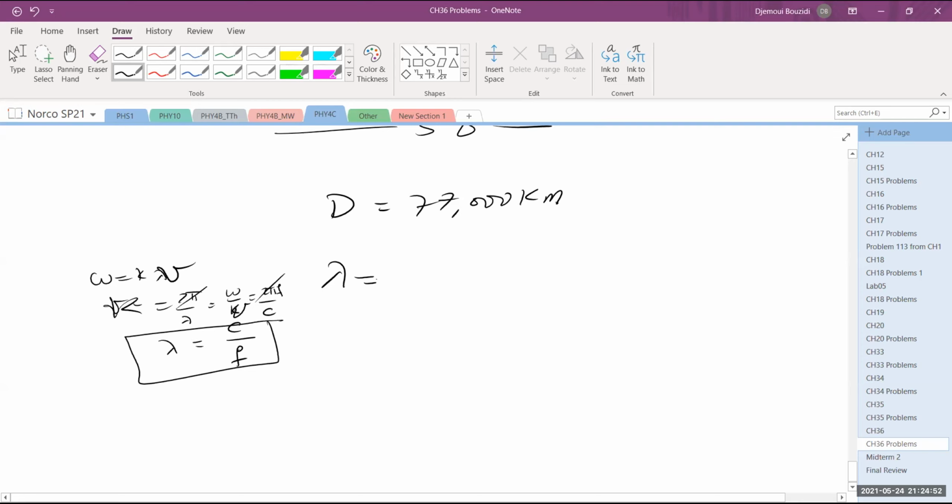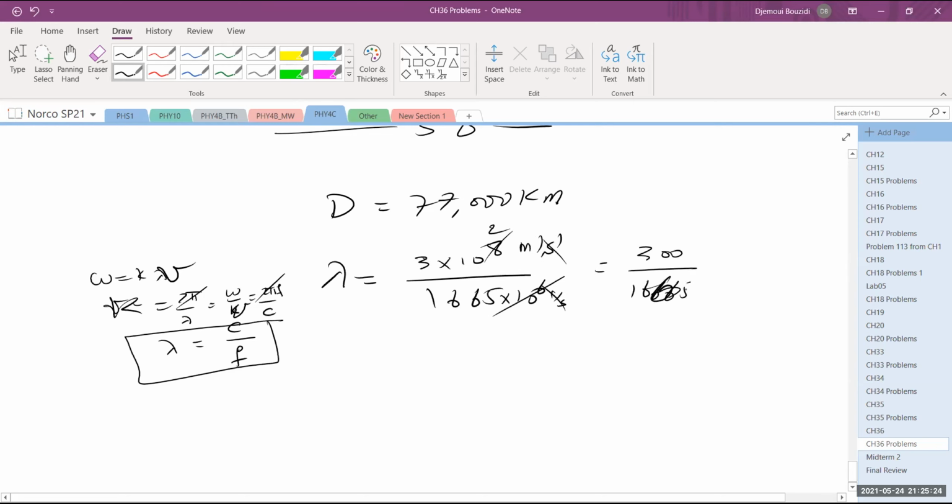Because they gave us the frequency, which is 1,665 megahertz, the wavelength in this case is 3 times 10 to the power 8, the speed of light in meters per second, divided by 1,665 times 10 to the power 6 hertz. So it's going to be 300 over 1,665 meters.